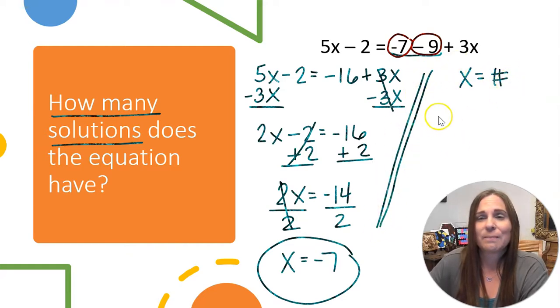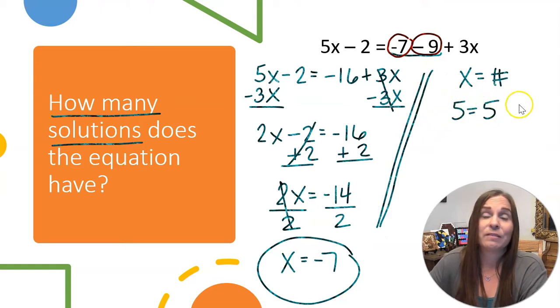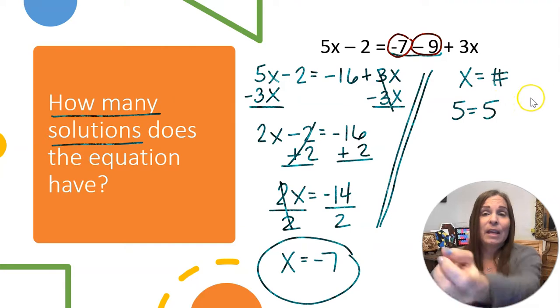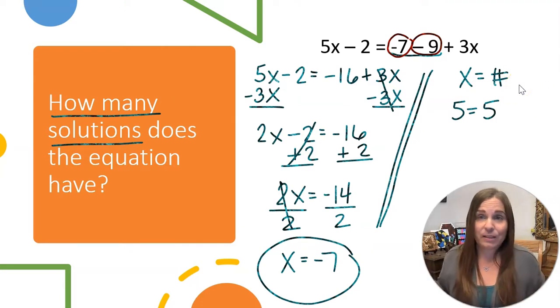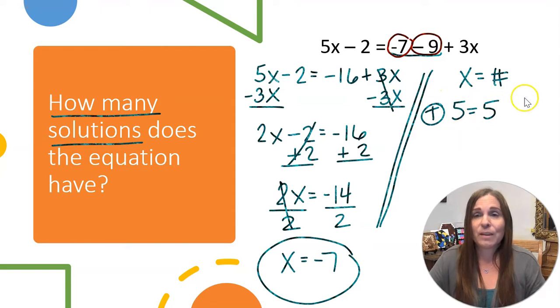Sometimes, instead of getting x equaling a number, you're going to end up with something like 5 equals 5, let's say. If all your variable terms cancel out and undo each other, right? They're all just gone. And you're left with something that's true. This is a true statement. 5 does equal 5.